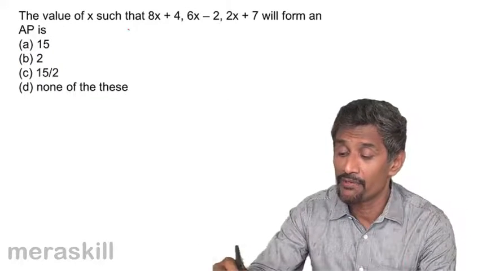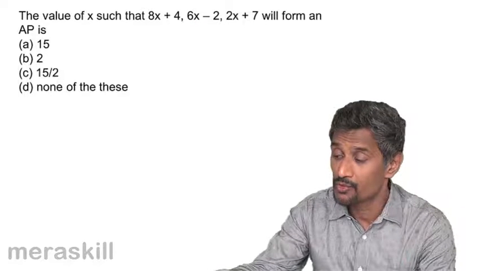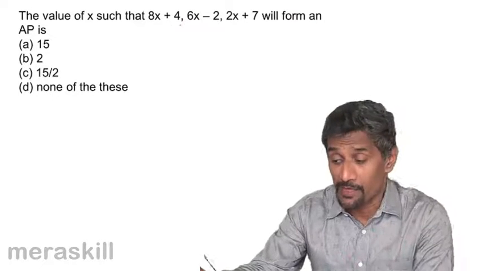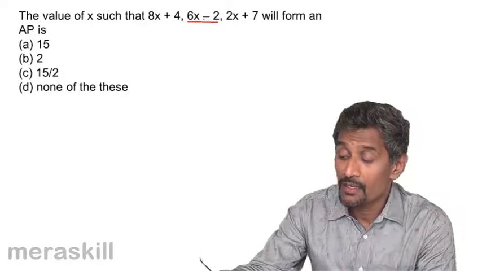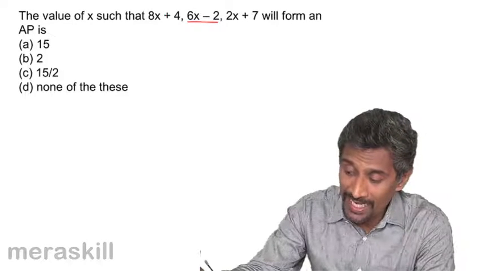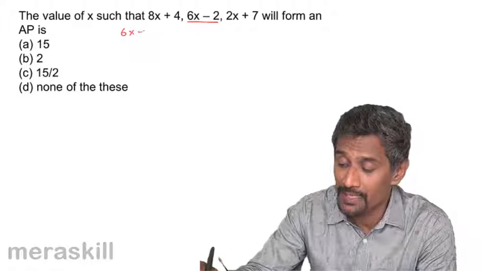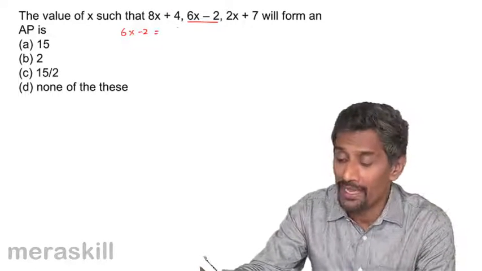So here we have the value of x such that 8x plus 4, 6x minus 2, 2x plus 7 will form an AP. There are 2 ways of doing it. Remember, I reiterate, whenever 3 terms are in an AP, the middle one is equal to a plus b upon 2. So we can do it that way. We have 6x minus 2. That is, the middle term is the arithmetic mean or the average of the other two.